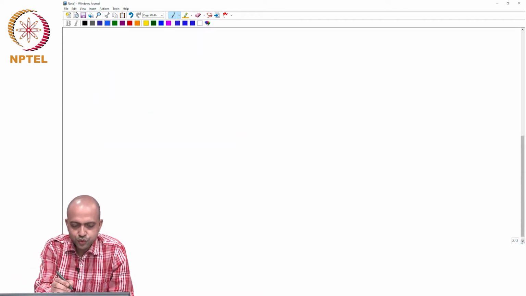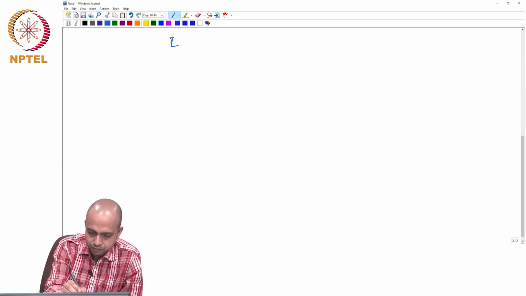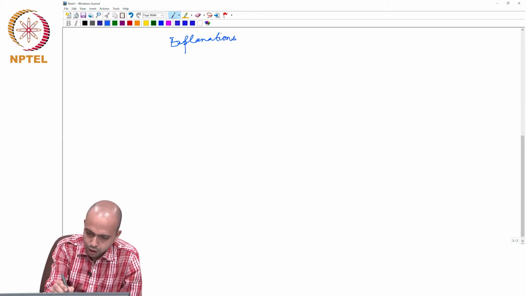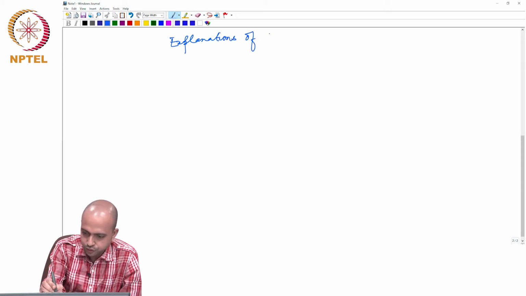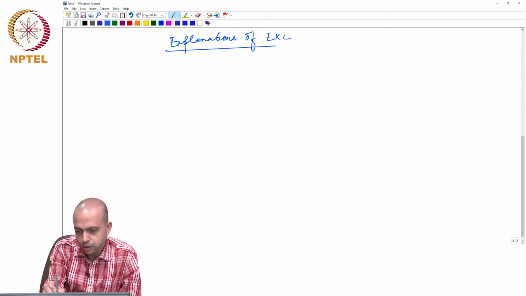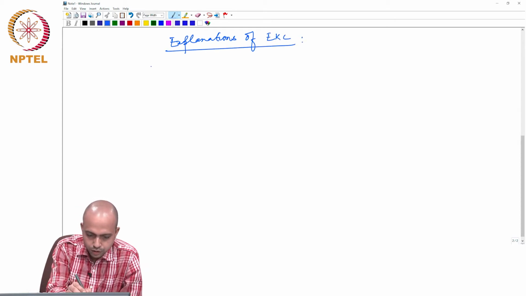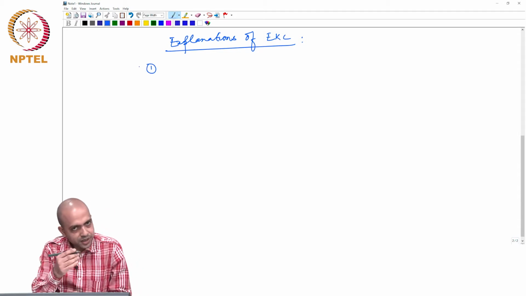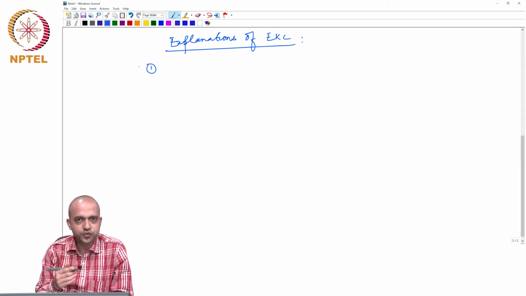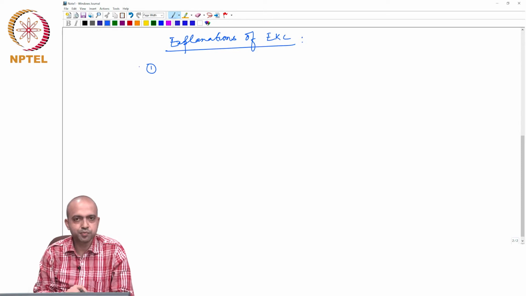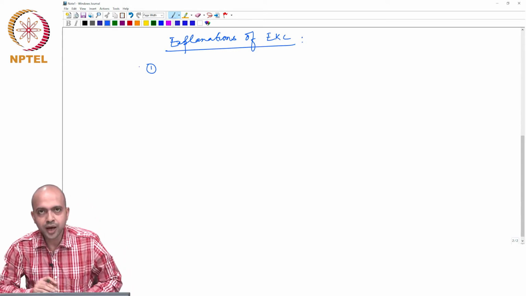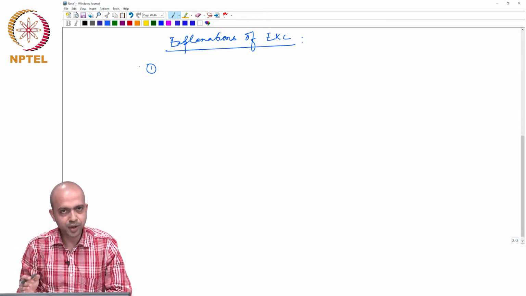Okay. So, now we will discuss the explanations of EKC. There are several explanations for this type of inverted U-shape relationship between income per capita and environmental quality.